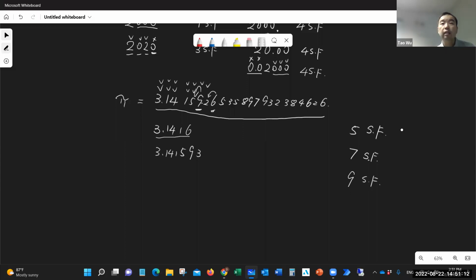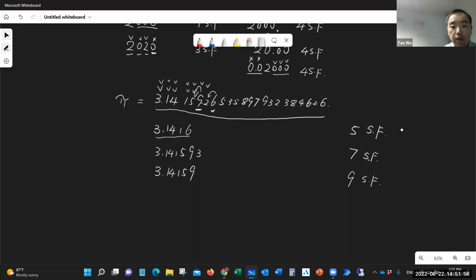If we need the number to have 9 sig fig, then what's the number going to be? That's going to be 3.14159.